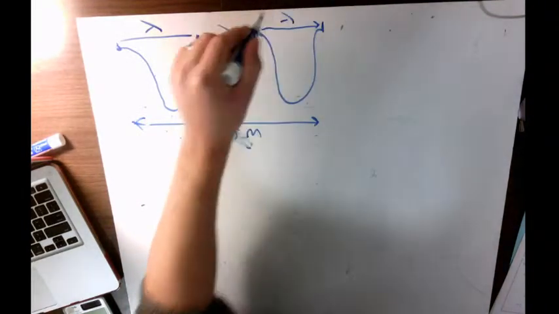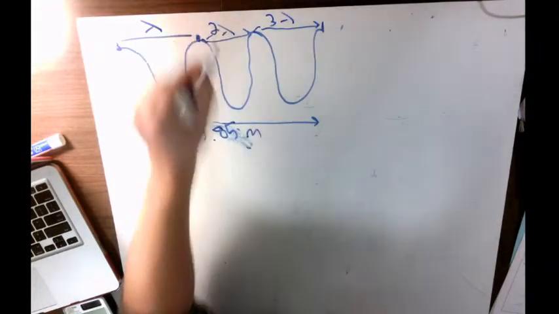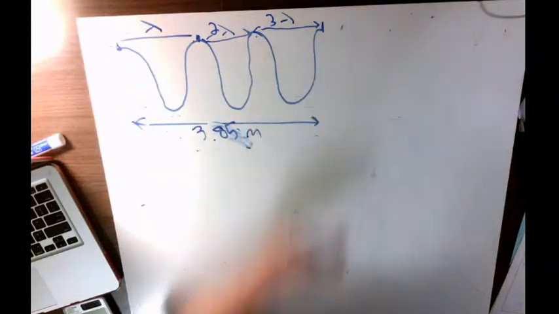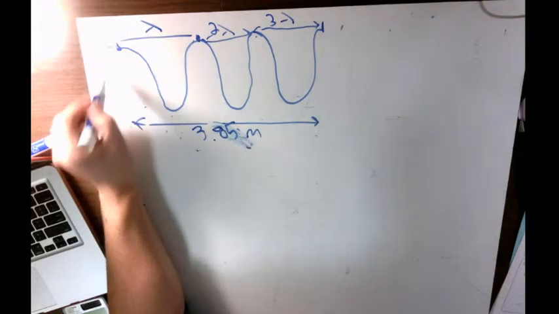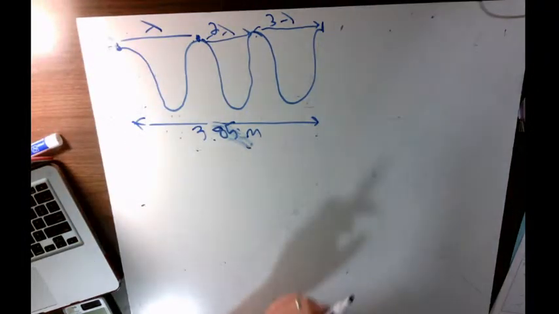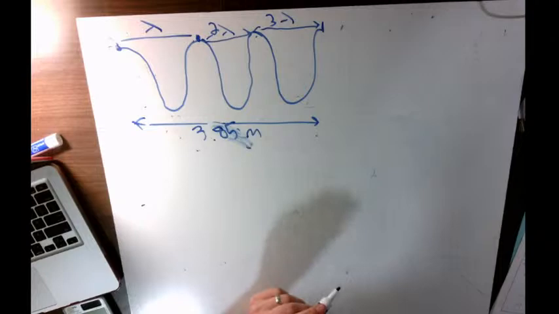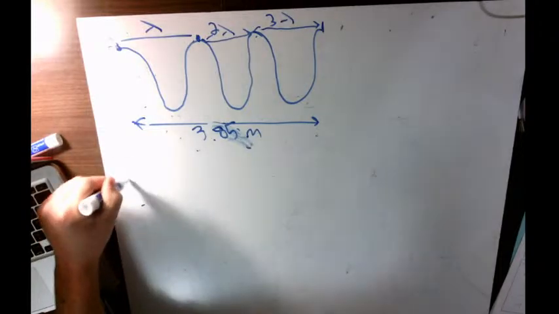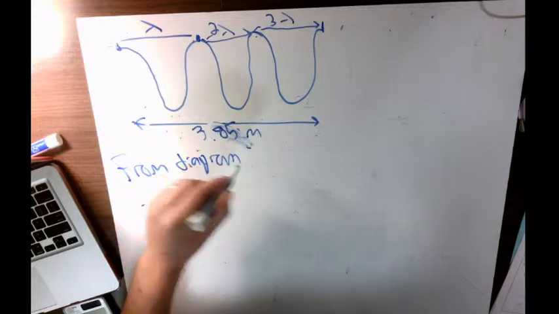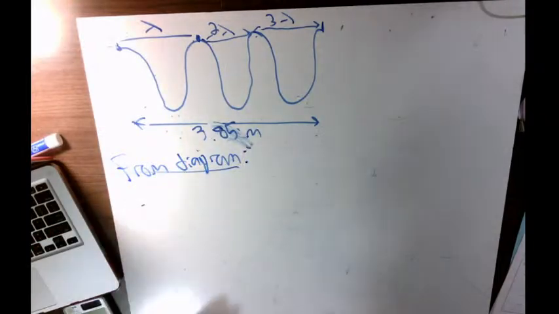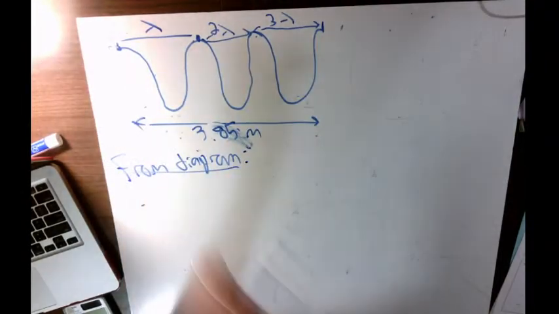Those are all particles that are in phase. They're at the top and they're about to start going down. From our diagram that we need to draw, the question doesn't draw it for us. Very important step in all of these wave problems is to draw your wave diagram.